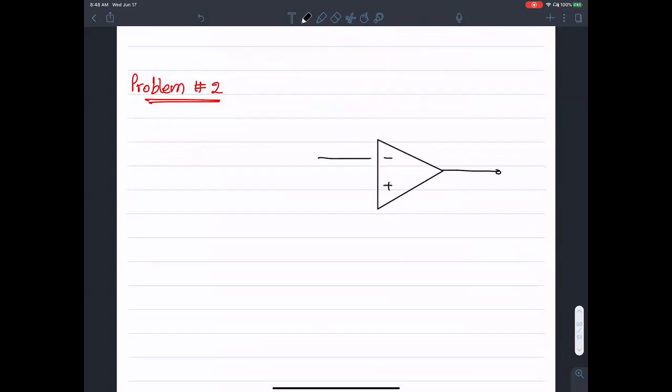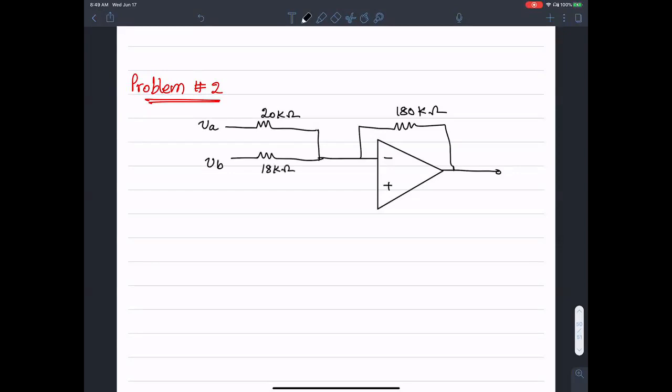There's that negative feedback over here. It's 180K. And this guy is being fed through 2 resistances. There's VA, there's VB over here. The resistance values here are 20 kilo ohms, 18 kilo ohms.